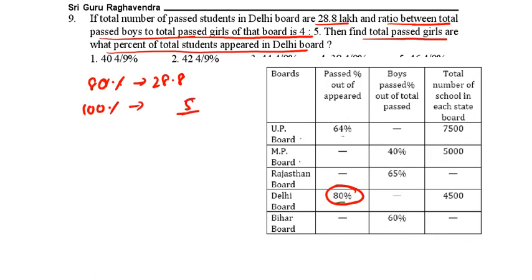In UP how many schools are there? 7,500. So what is the total students of UP? That is 360 into 7,500.